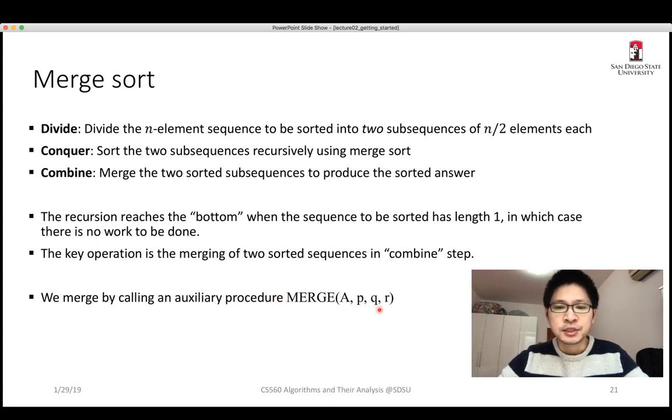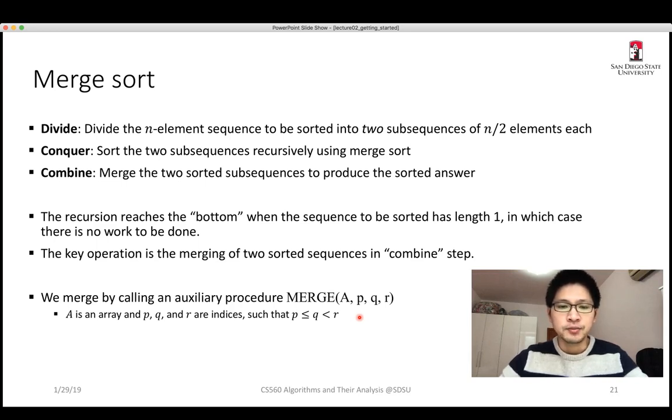This procedure takes 4 input arguments. The first one is A, an input array, and P, Q, R are indices in such an order that P is always smaller than or equal to Q, and Q is always smaller than R. That means Q is in the middle between P and R, P is the smaller index, and R is the larger index.